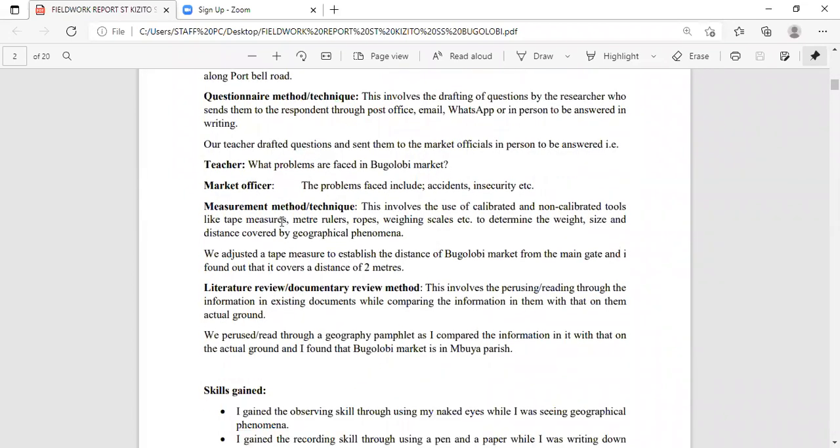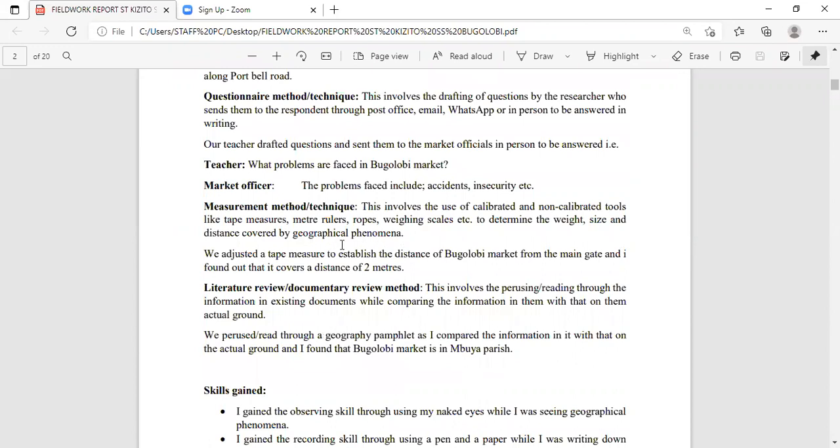Then when you come to measurement, the method involves the use of calibrated and uncalibrated tools. The calibrated tools include tape measures, meter rulers, and uncalibrated include ropes, among others, to determine weight, size, and distance covered by geographical phenomena.